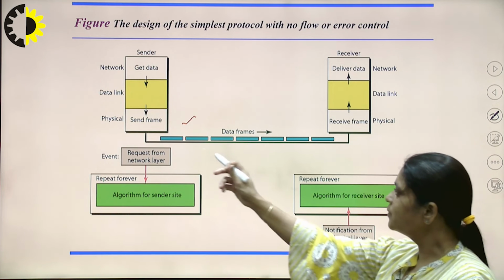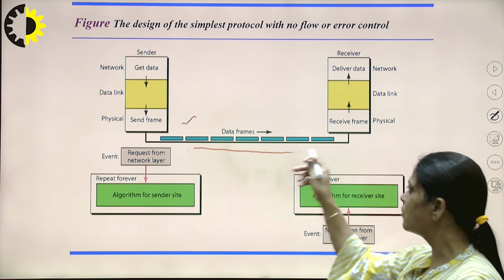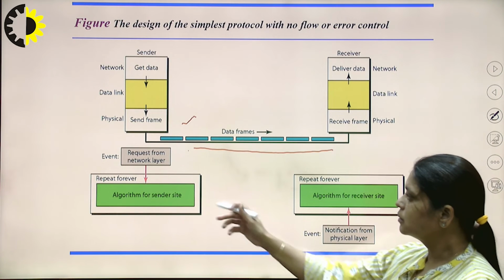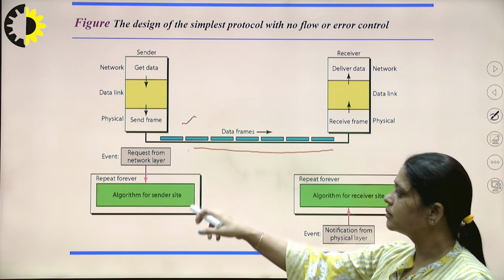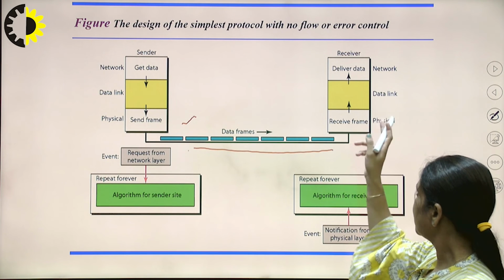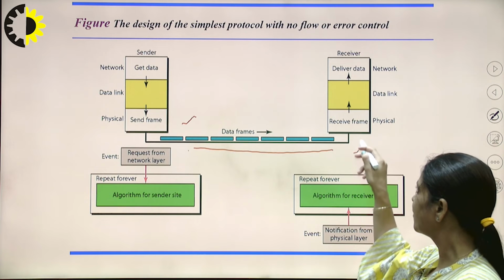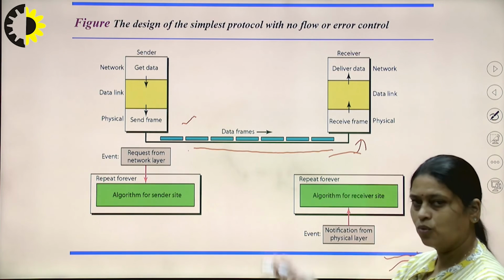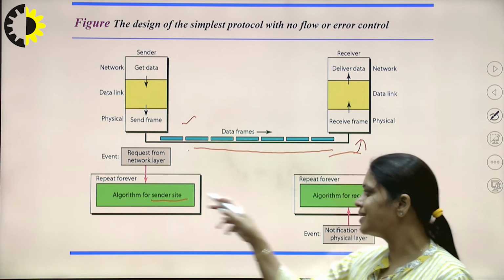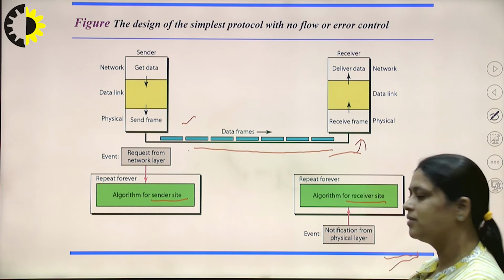We just send a number of data frames to the destination, and the receiver will receive those data frames in a sequence. We apply an algorithm at the sender side and an algorithm at the receiver side.